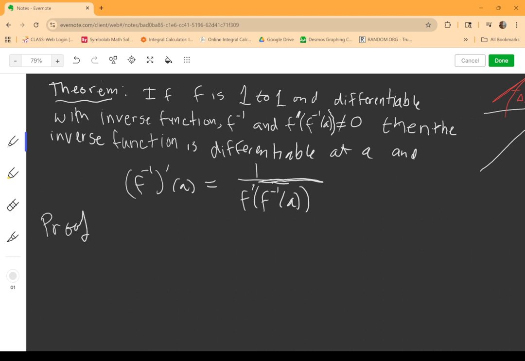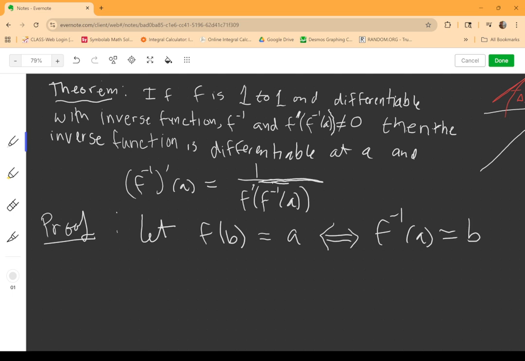So for our proof, we let f of b equal a, and again, this is if and only if, by definition of inverses, f inverse of a is equal to b. And then we'll let y, our function, be the f inverse function of x.